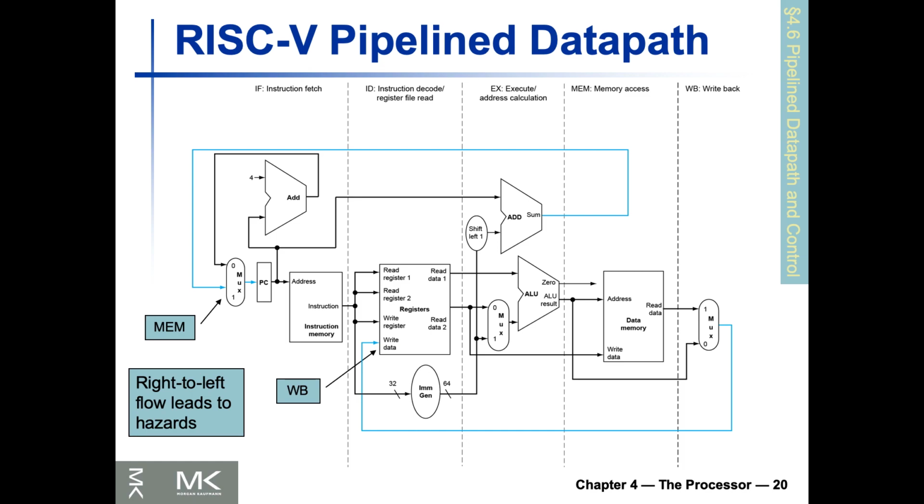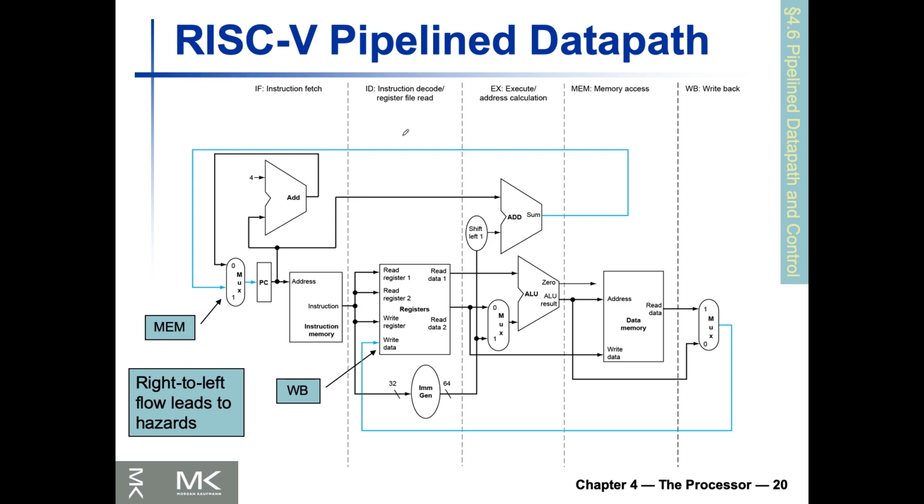Okay, so let's map the idea of pipeline onto the data path we've already implemented early in chapter 4. If we put the stages mapped onto this diagram you see here, so here would be your instruction fetch stage, the first stage.